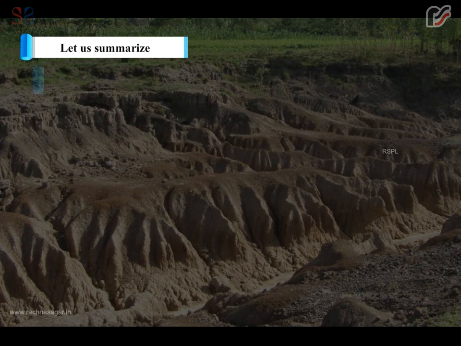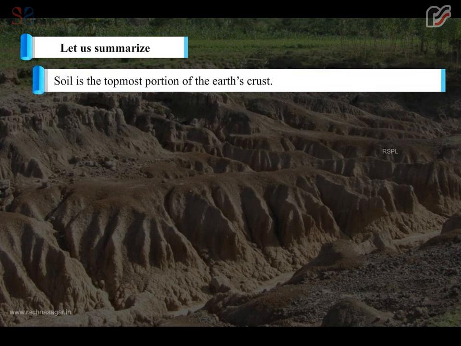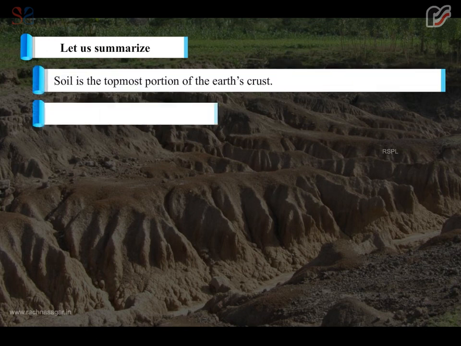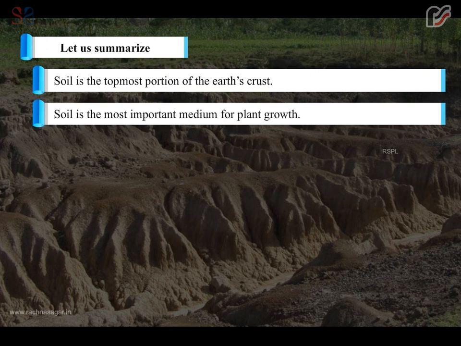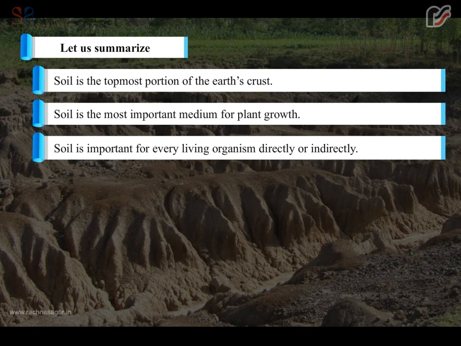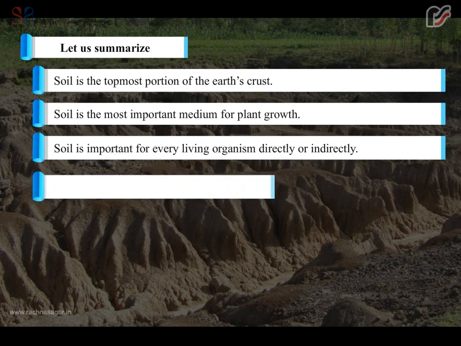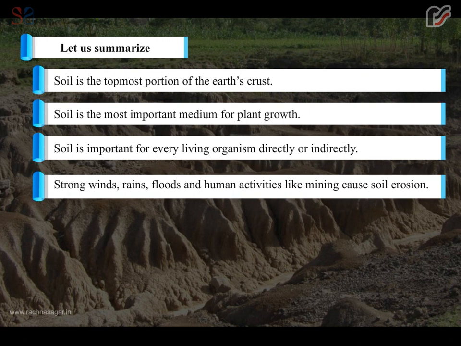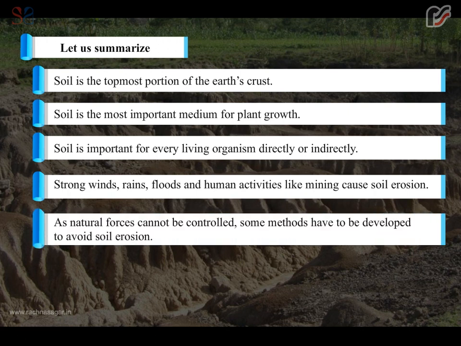Let us summarize. Soil is the topmost portion of the earth's crust. Soil is the most important medium for plant growth. Soil is important for every living organism directly or indirectly. Strong winds, rains, floods, and human activities like mining cause soil erosion. As natural forces cannot be controlled, some methods have to be developed to avoid soil erosion.